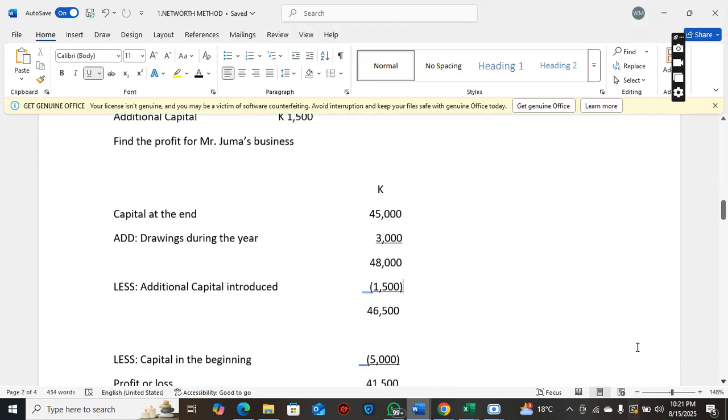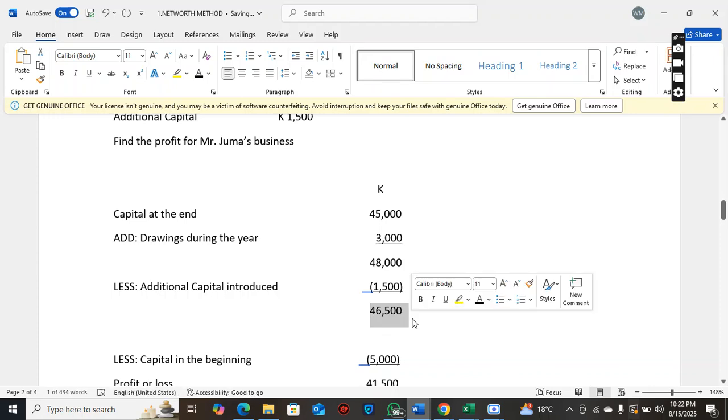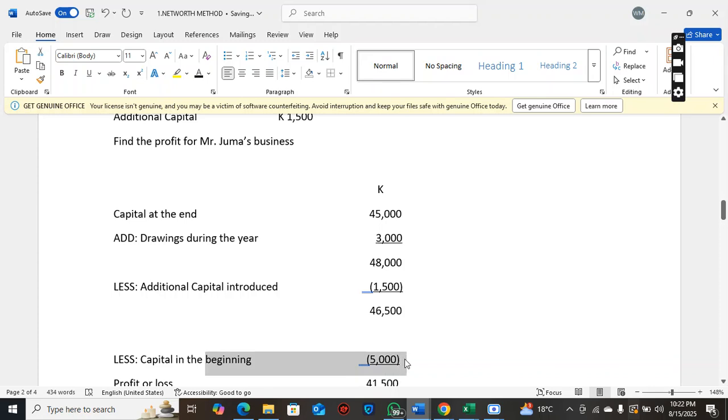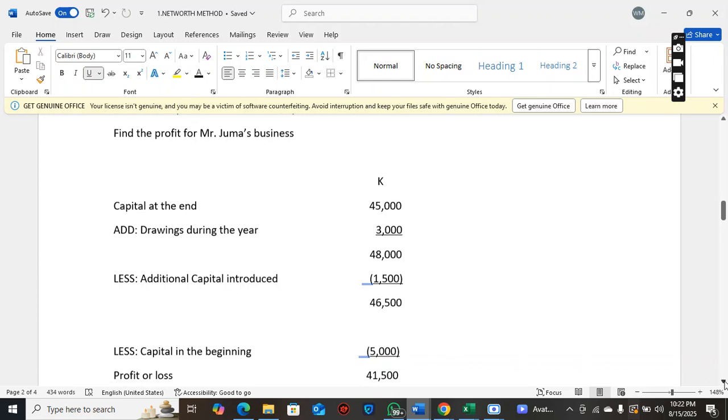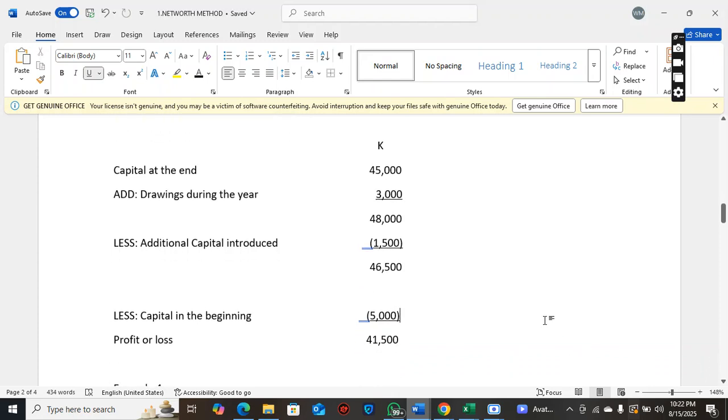Subtract additional capital, 46,500. Subtract this 1,500 from there, remain with 46,500. Then you deduct capital at the beginning, which is 5,000. So 46,500 minus 5,000, you get 41,500. Any questions?